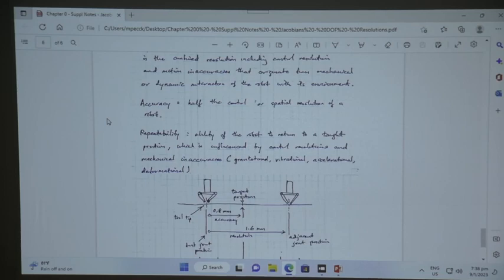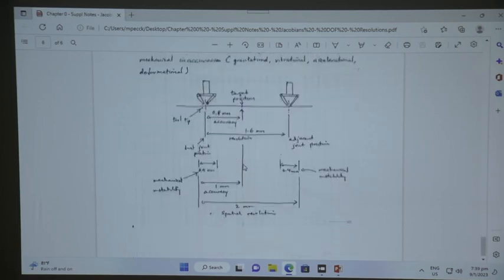So you teach a robot to always position the pen onto a single point, and how good the robot is at returning to this taught position will be your repeatability. Your repeatability will be influenced by your control resolution as well as your mechanical inaccuracy.